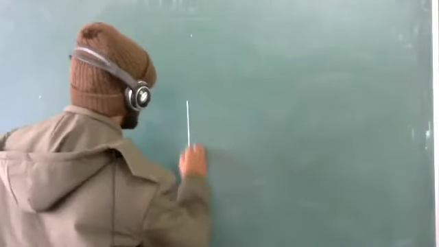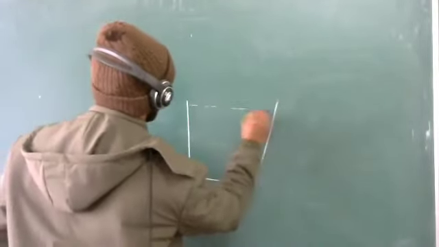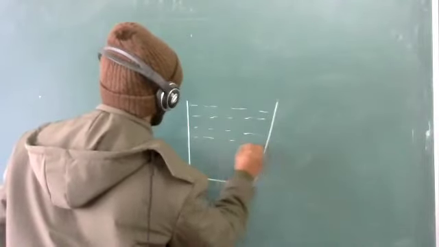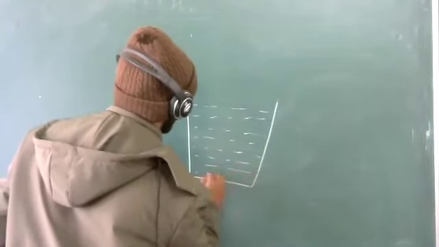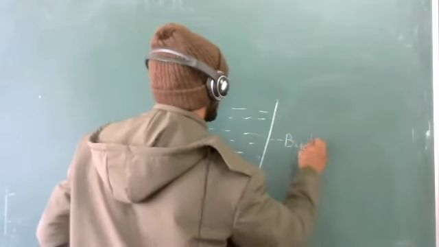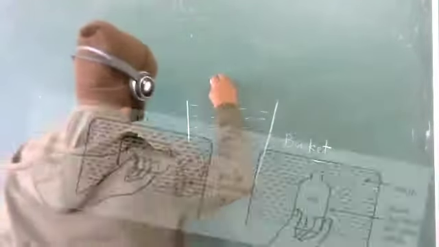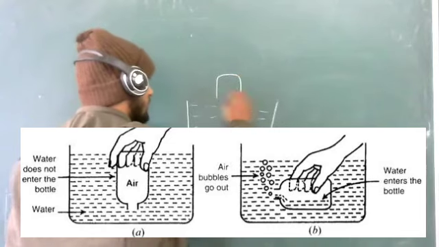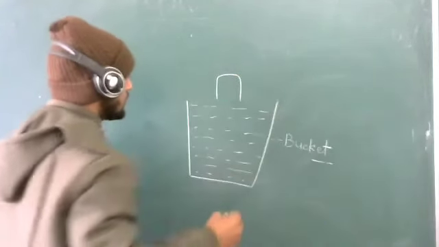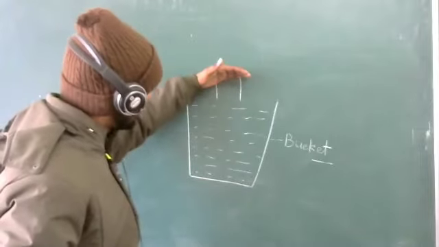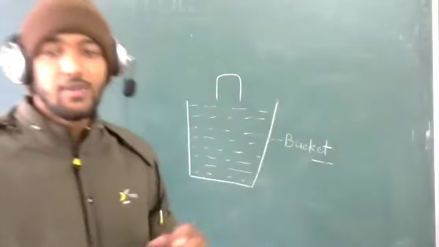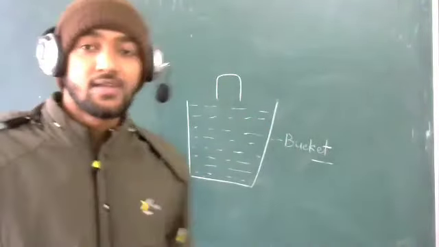Let's take an example here. Suppose this is a bucket full of water. What happens when you put a mug like this, inverted, upside down, into the bucket filled with water? No water will go inside the mug. Why has it happened so?